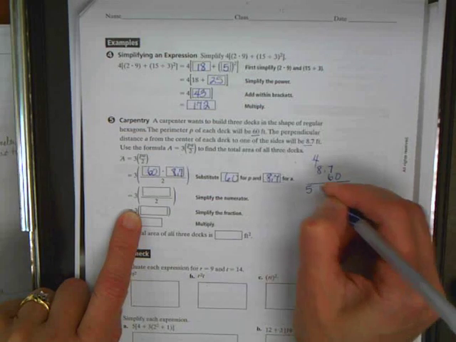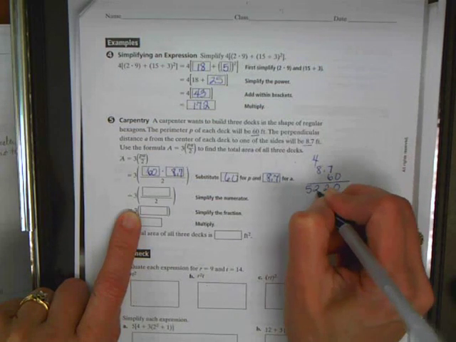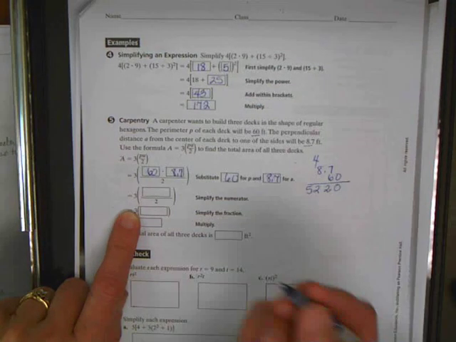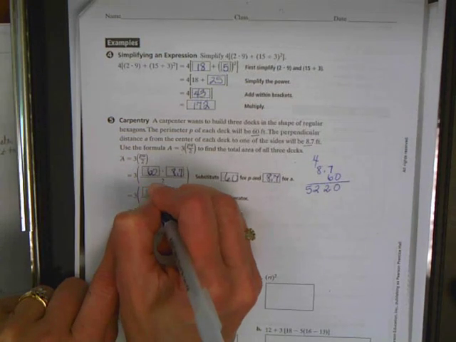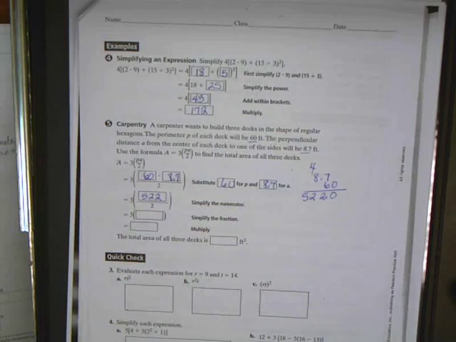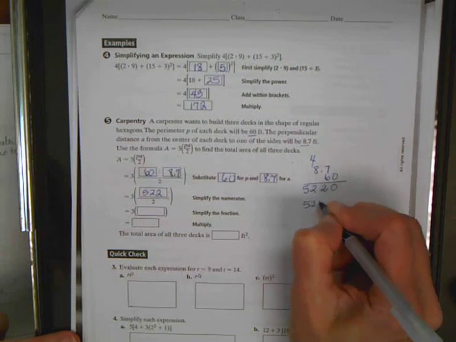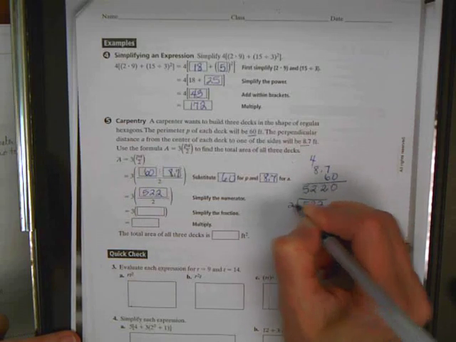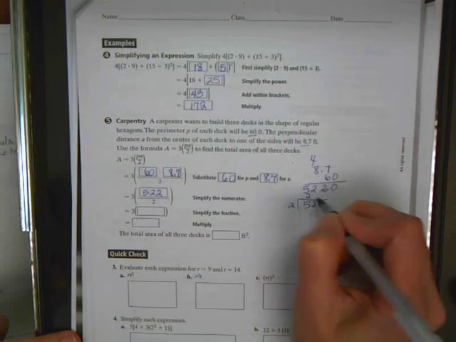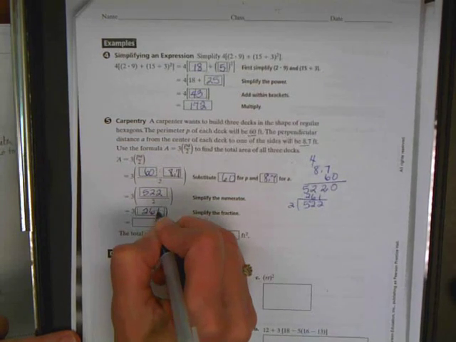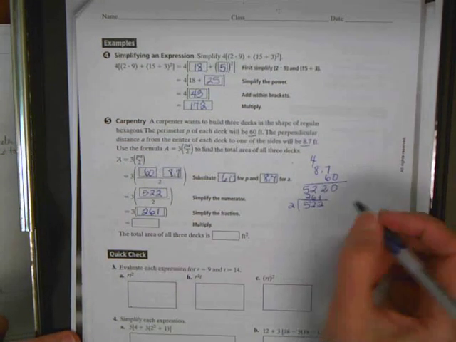And that gives me 522 after I move my decimal point one place to the right. So that should be 522 over 2. So 522 divided by 2. 2 times 2 is 4, 1 left over. So this is going to be 261 when I simplify that.